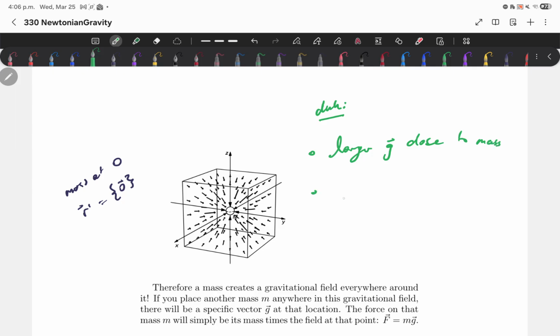So you can picture everywhere around a massive object, you have all these vectors pointing in, the bigger ones closer, the smaller ones further. In the case of electrostatics, if we asked what the field looks like due to a negative point charge, it would be the exact same picture. So this is just like what we saw from the electrostatic field.